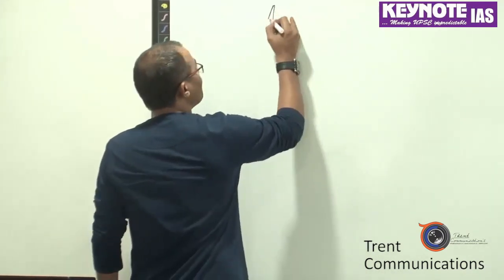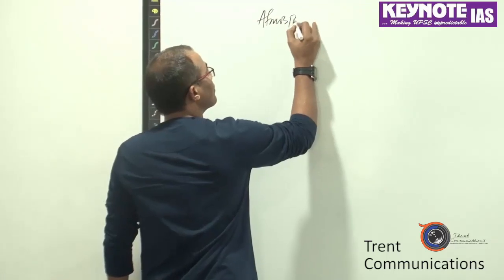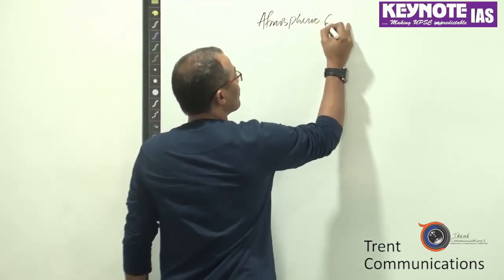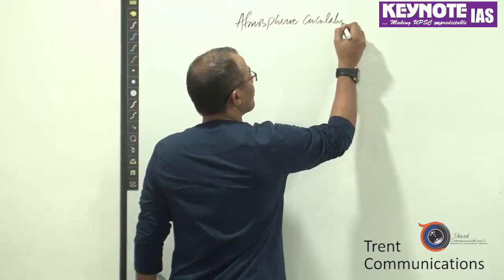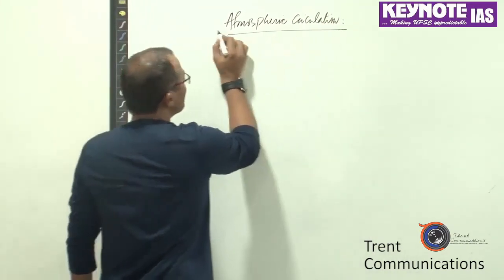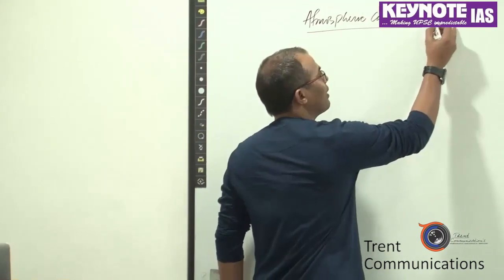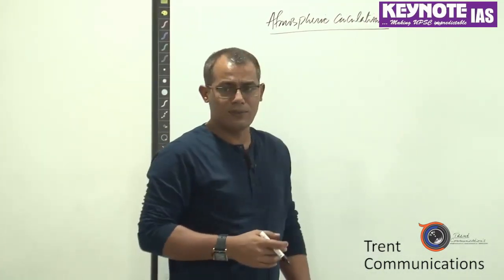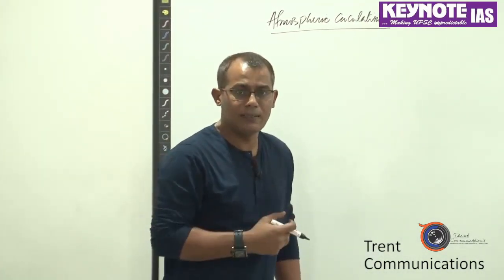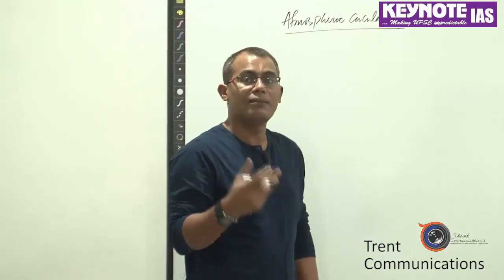So first again begin with atmospheric circulation. Don't need to try to define it because that will be very general. The objectivity will be less. Atmospheric circulation, fundamental for horizontal transfer of energy, heat balance and associated weather phenomena.